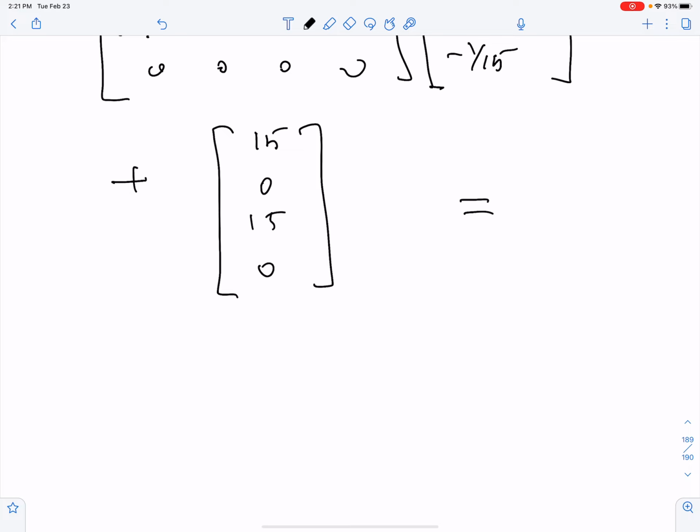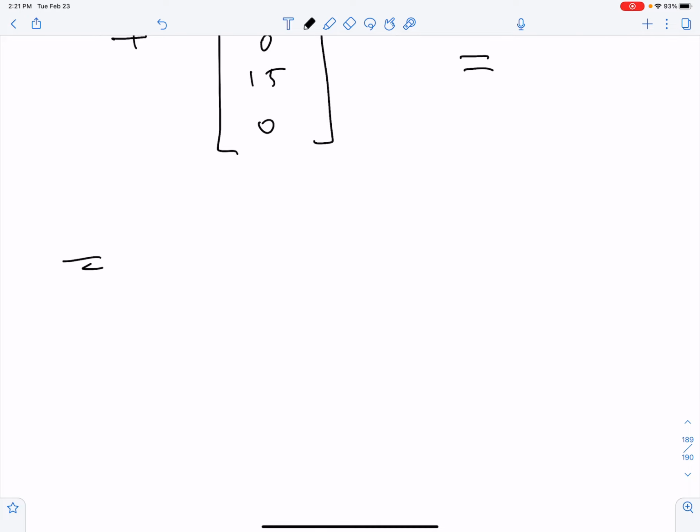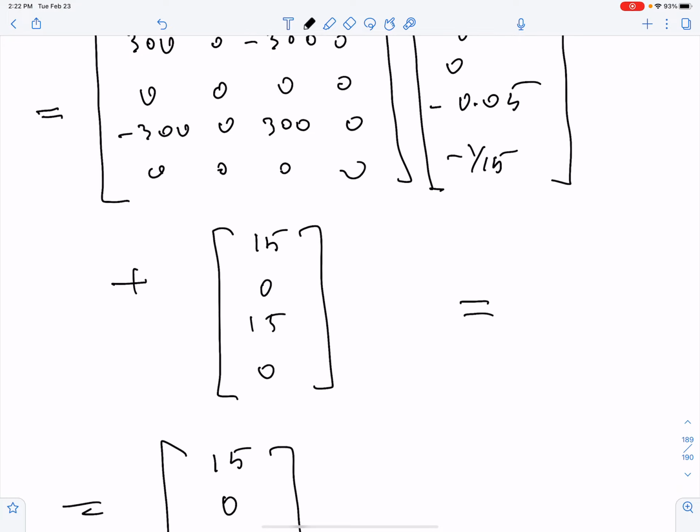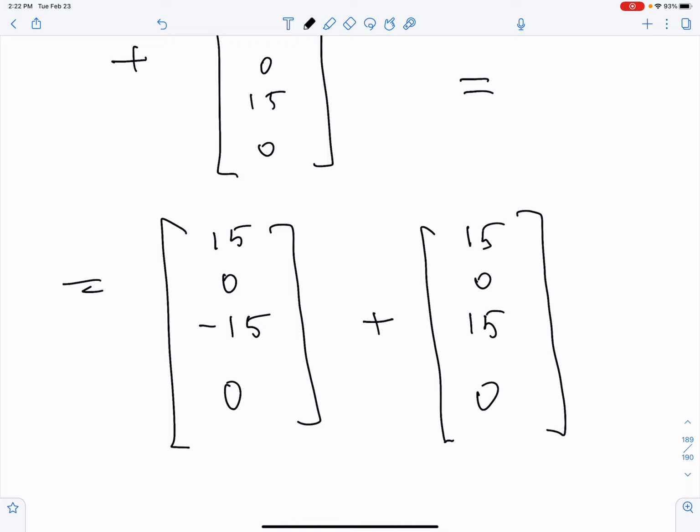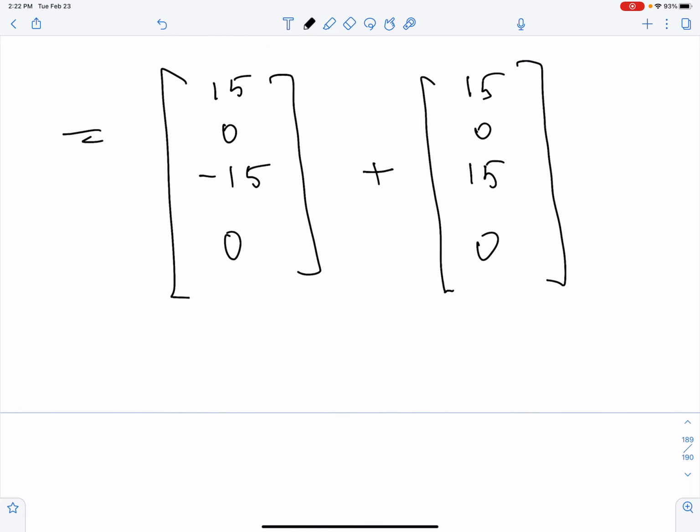And so if you do the calculation, you find this. 15, 0, minus 15, 0, coming from the first part, plus 15, 0, 15, 0, okay? And next comes the interpretation.